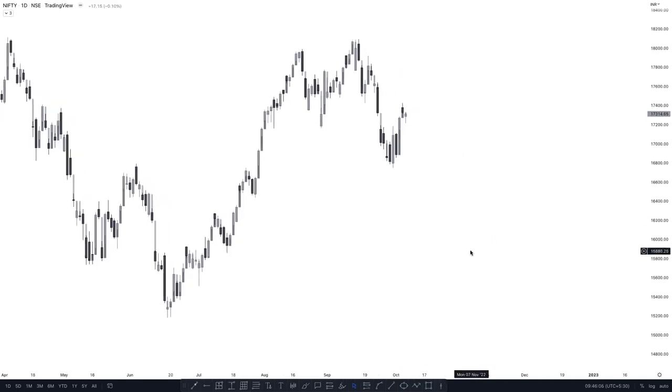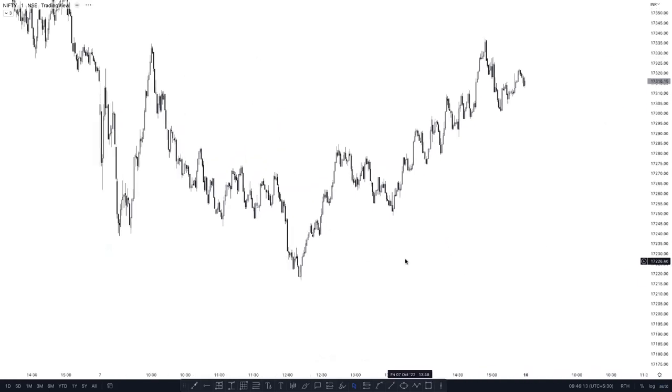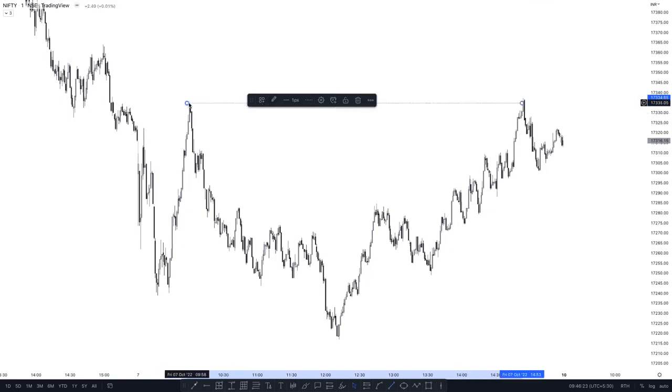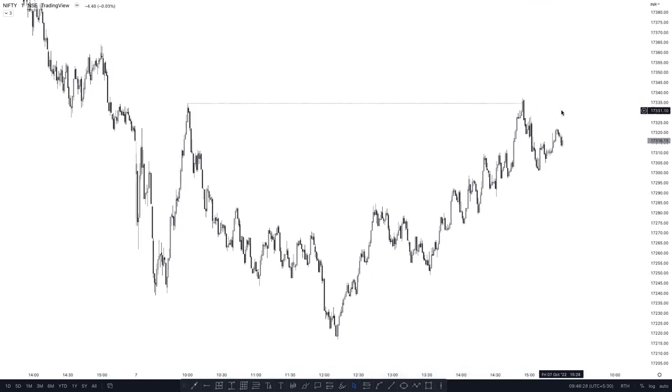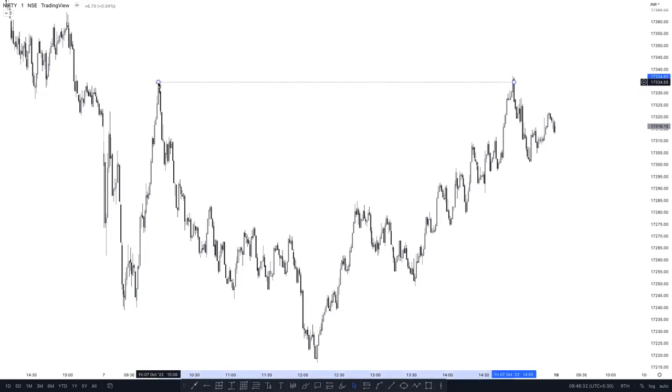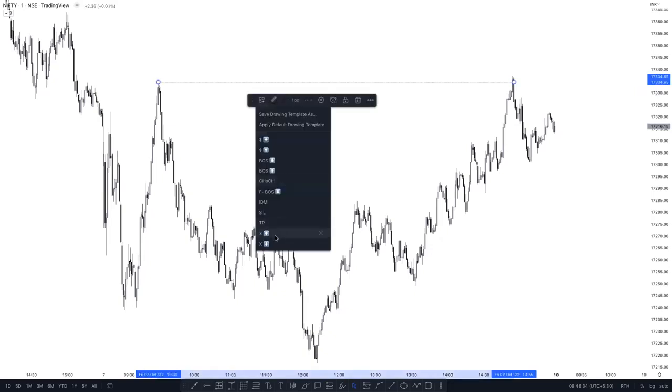Sure. Actually, a type 2 entry is after taking out the inducement. Let me show you exactly that. For example, here, this one is your inducement, right? And price closes above it. So it closes above, and this is our inducement for the higher time frame. How can we take entry?